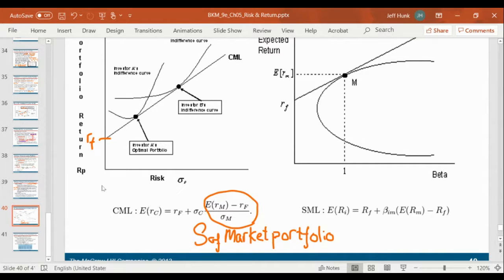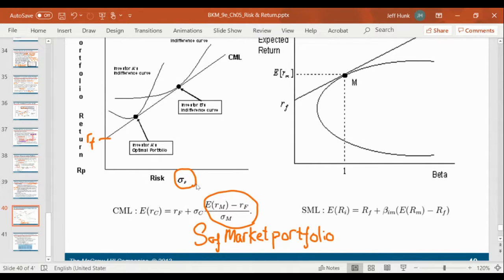If you put it all in the risky portfolio and lose it all, you still earn this. So that's the starting point on the vertical axis. And the x-axis is what? Standard deviation.